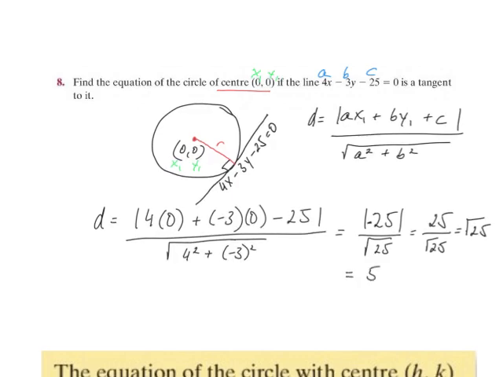So that means our radius here is 5, and we can put that into our equation for the circle. So it's around 0, 0, so it is x squared plus y squared equals 5 squared. And that is now x squared plus y squared equals 25.